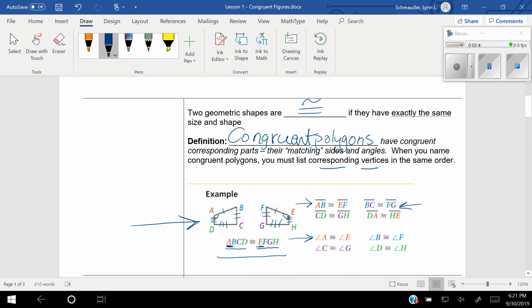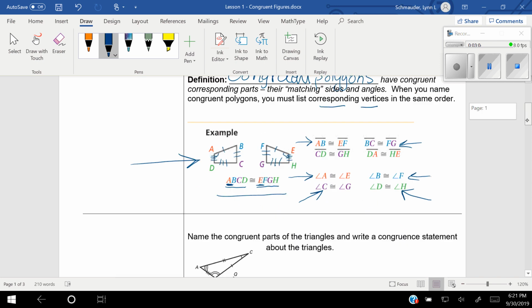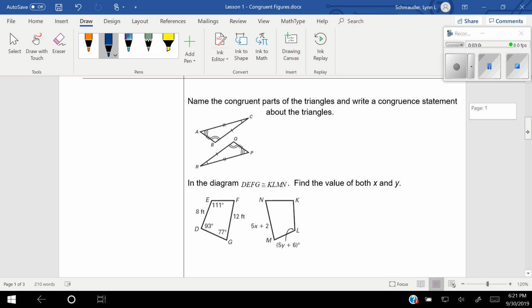I'm not going to mark all these because it's going to get too messy in a minute. But you can see by the color scheme, angle B is congruent to angle F, angle C is congruent to angle G, and angle D is congruent to angle H. All corresponding sides and angles have to be congruent in order for two polygons to be congruent.